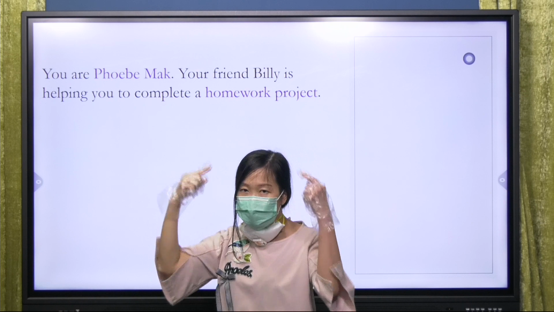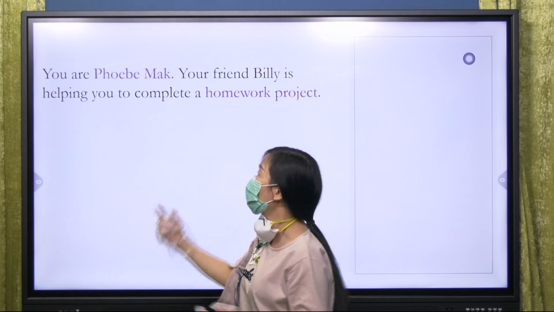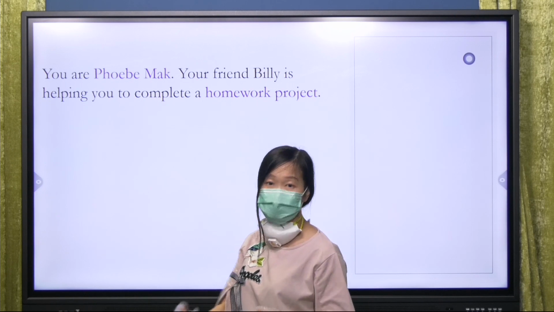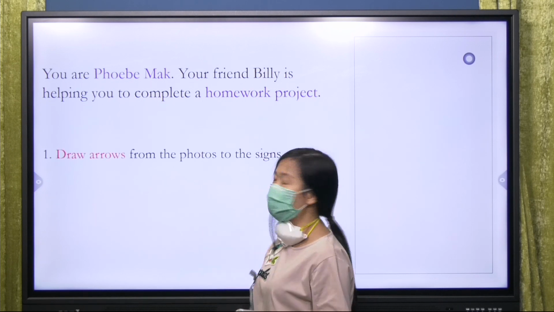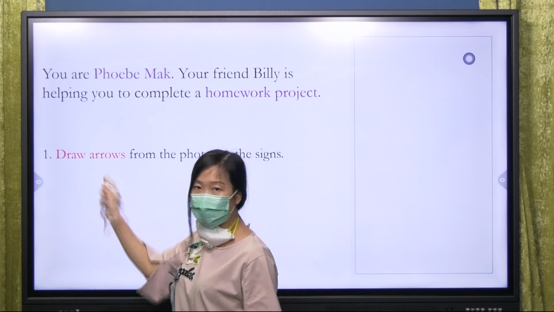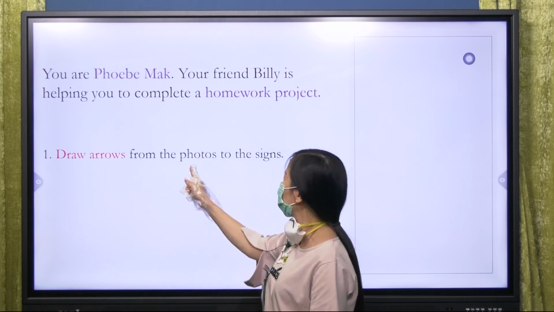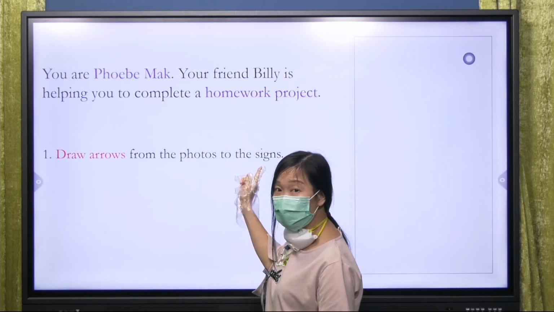So now imagine that you're doing a homework project about animals, of course, and you are going to do something about it. And number 1, now pay attention to what you need to do, is to draw arrows. Draw arrows from the photos to the signs. Did you remember?